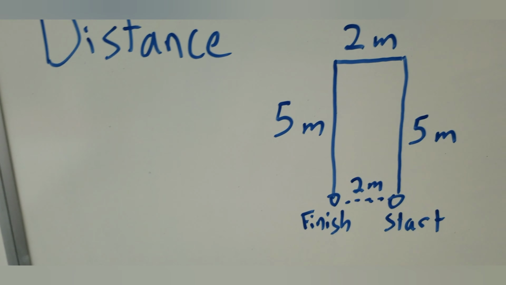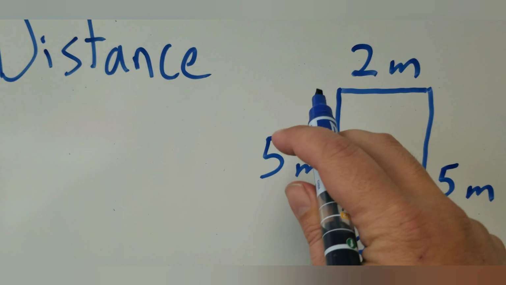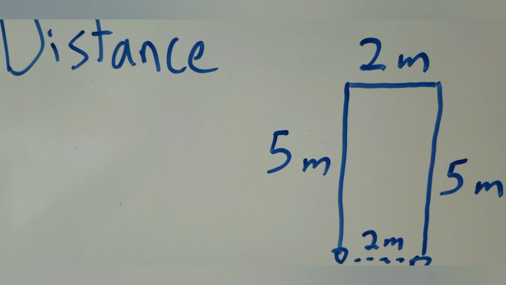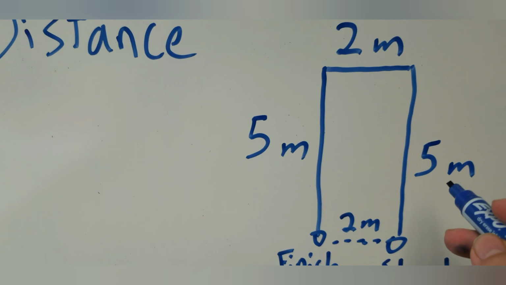How far did I come? It depends on how you measure it. I started from right there. So this is what I did: 5 meters that way, 2 meters that way, and 5 meters back down. The distance is just how far I traveled in total.